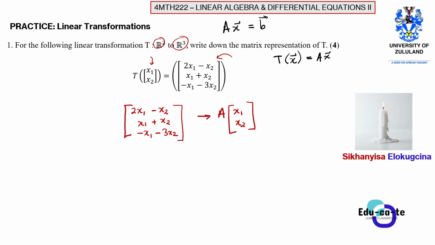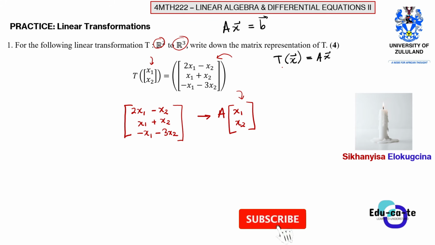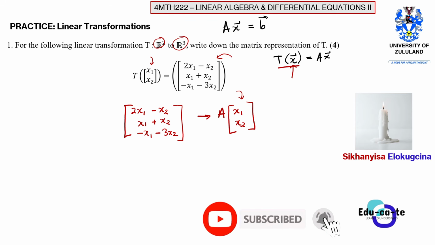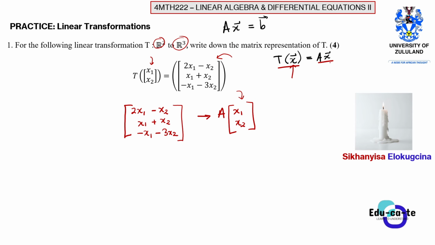We need a matrix A that will be multiplied to the vector x1, x2, because remember that the transformation function for the vector x corresponding to a matrix A must be given by A times that vector x. So it must be a matrix A, which is the one that we are looking for.